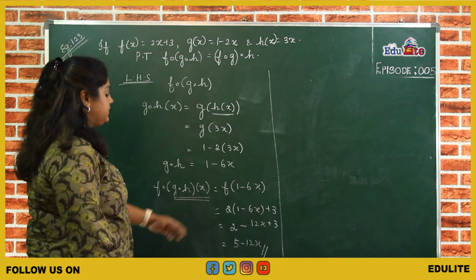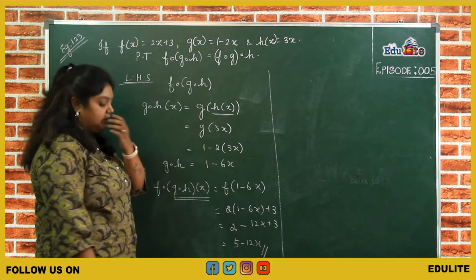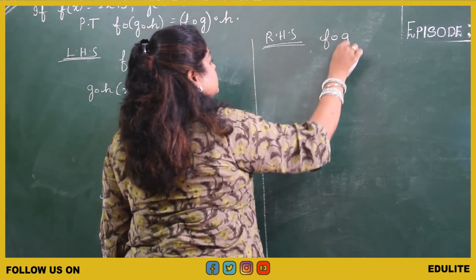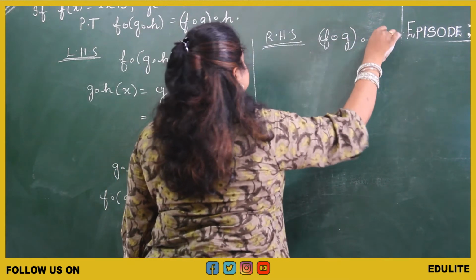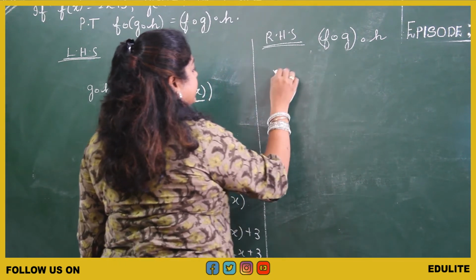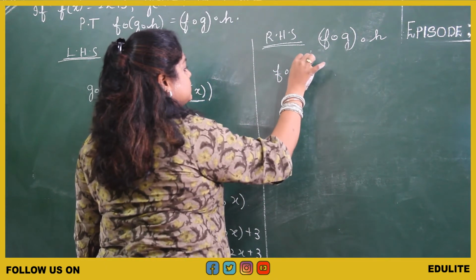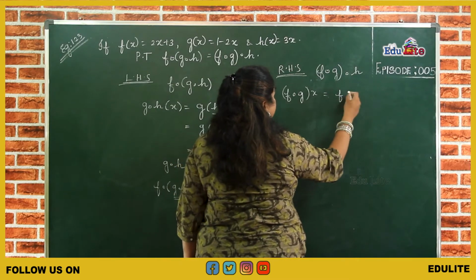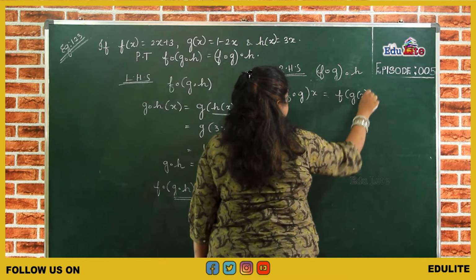On the right hand side also we should get the same value, we will verify. On the right hand side, f composite g composite h. As I already told you, we should complete the portion within the brackets first. So f composite g of x, which means f of g of x.